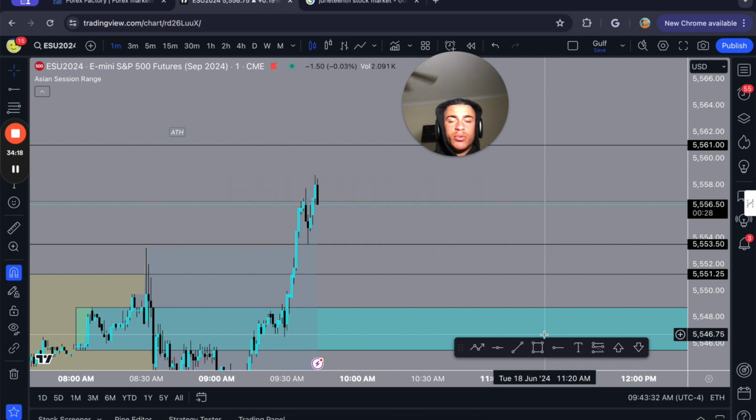This is important because either buyers are going to come in and push this up, or the sellers will just take control. So either this is a pullback or it's a reversal, in other words.